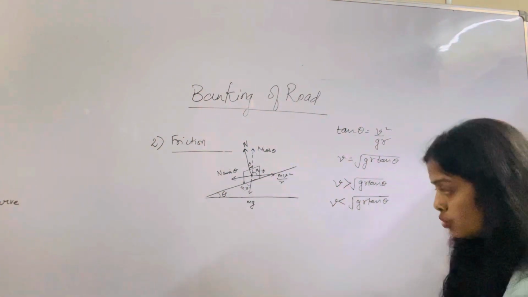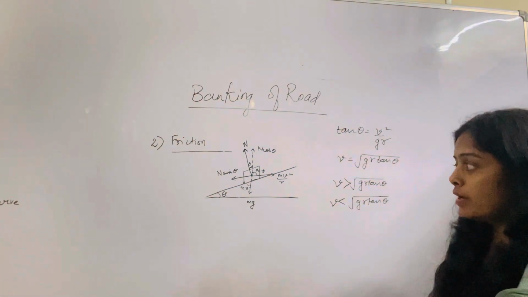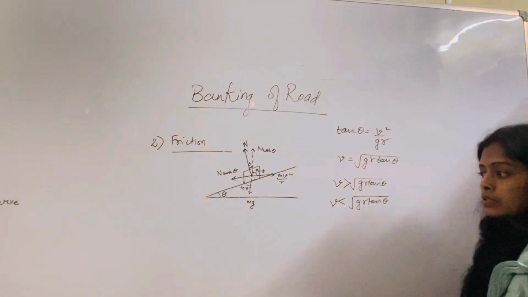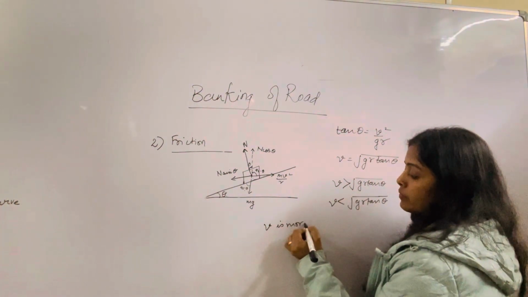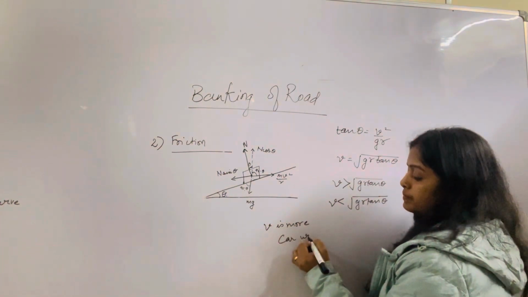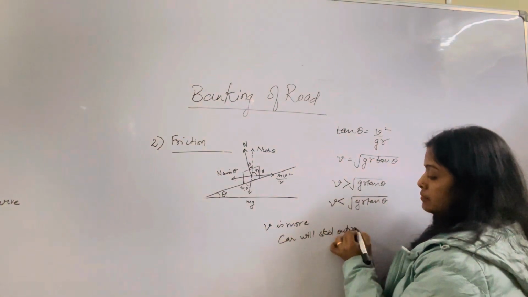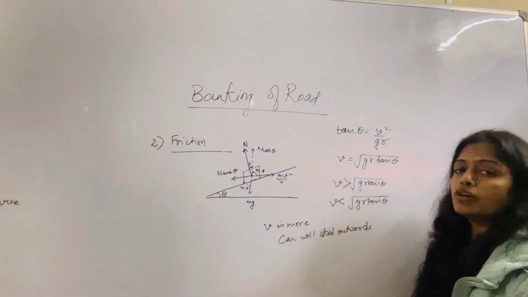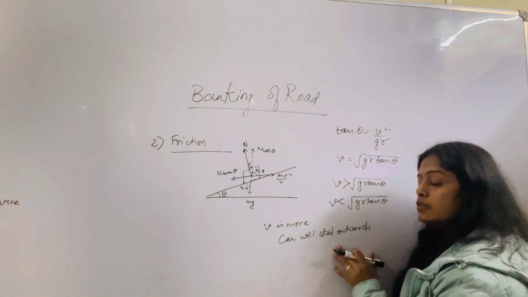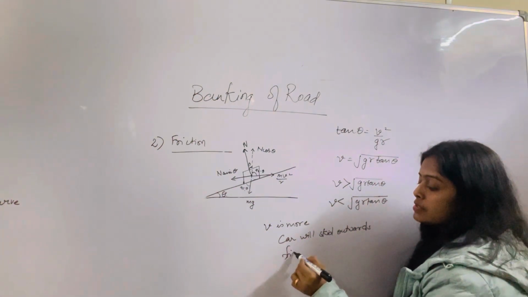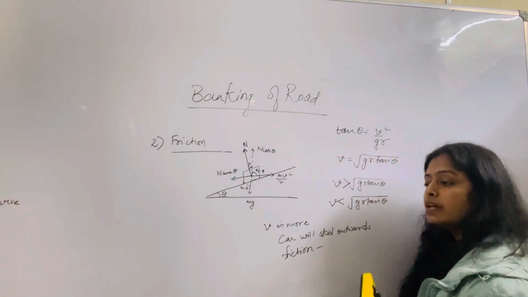So what happens in these two cases? When the velocity is greater than under root of gr tan theta, when velocity is more, the car will skid outward. So what will the friction do? Friction force always opposes the relative motion. It is always in the opposite direction of the relative motion.